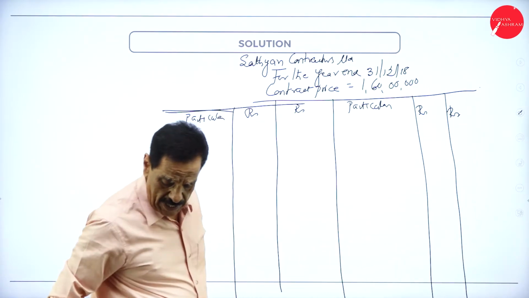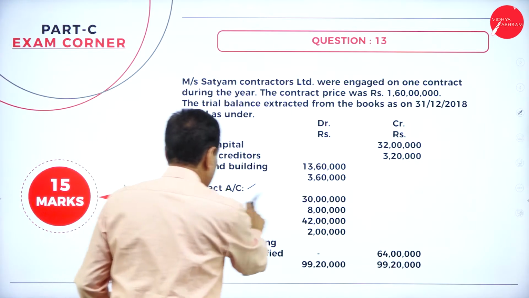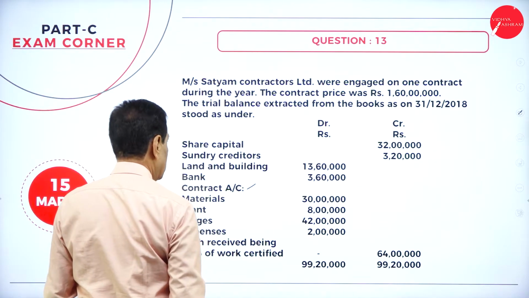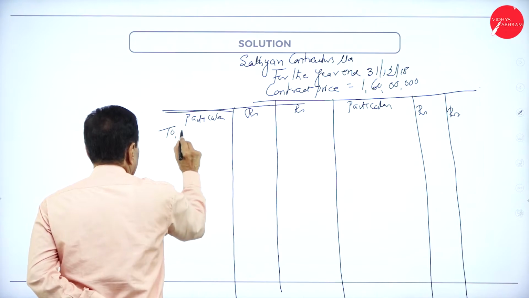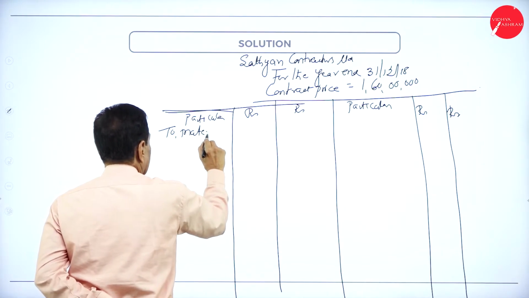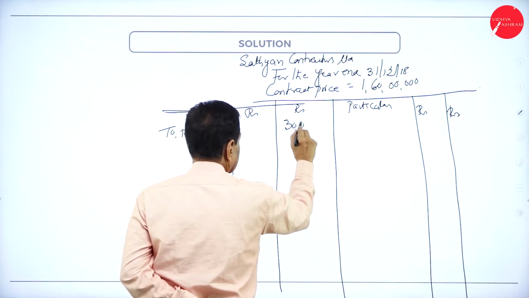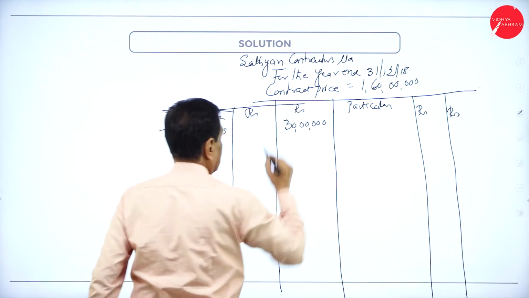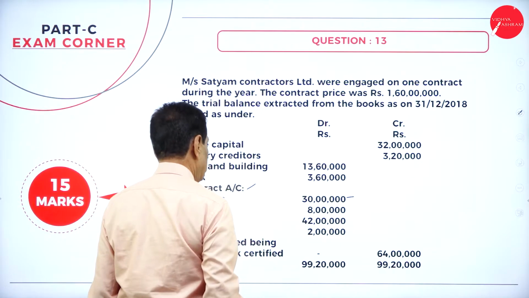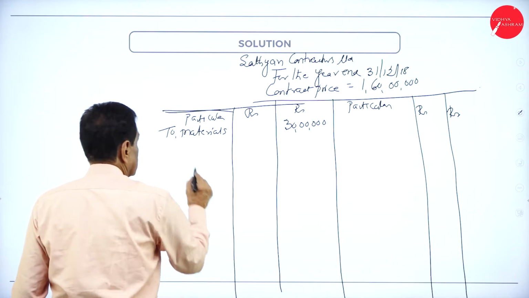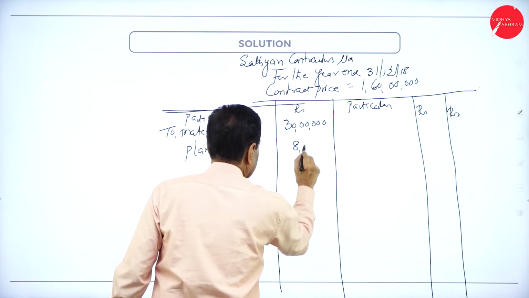Go slowly. What is the first one? Charged to contract: to materials, 30 lakh. Plant, 8 lakh.